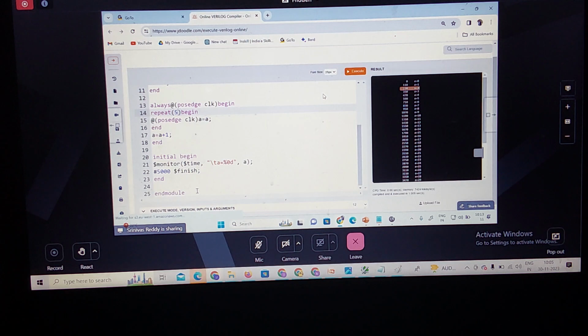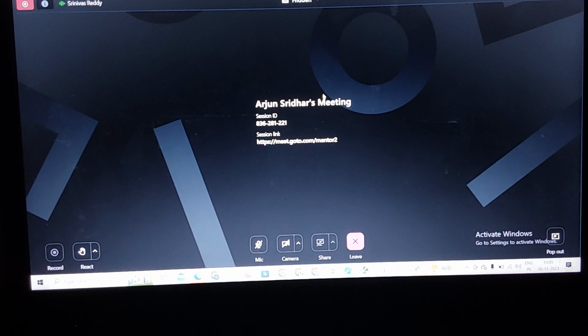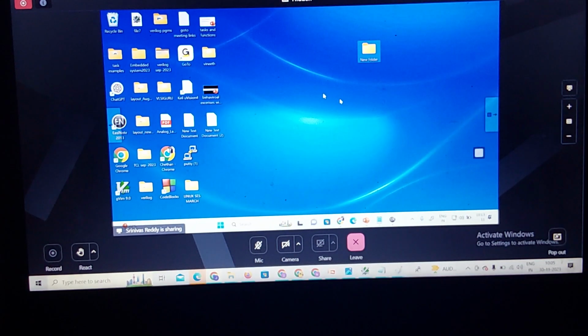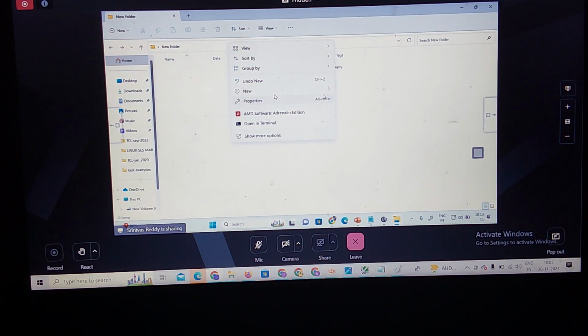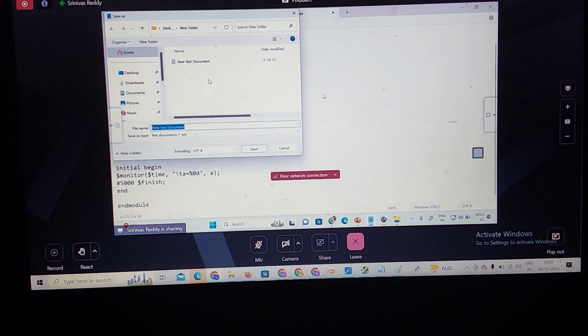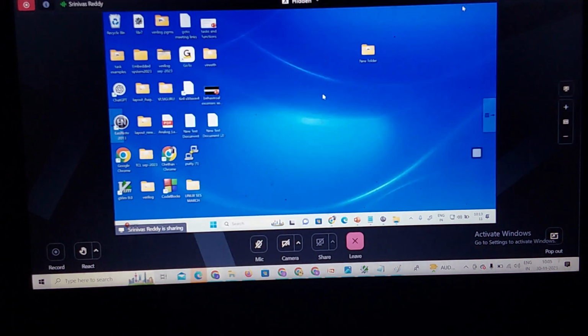Okay, let us do one thing. Let me run this using ModelSim and we'll verify with the timing diagram. Let's make the folder. Let us make the tb.v file. Let me copy the run.do file somewhere.